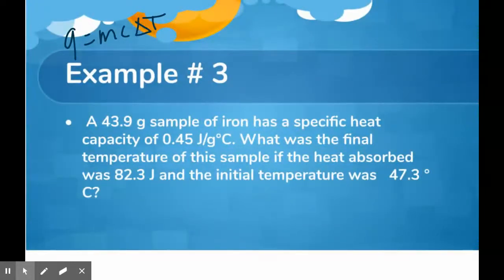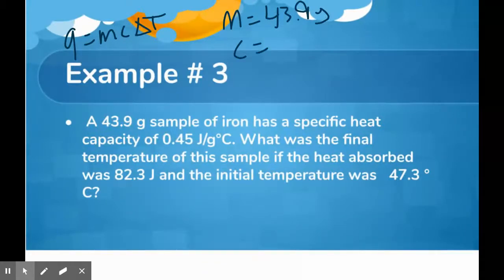Now, example number 3 says a 43.9 gram sample of iron has a specific heat capacity of 0.45 joules per gram degrees Celsius. What was the final temperature of this sample if the heat absorbed was 82.3 joules and the initial temperature was 47.3 degrees Celsius? So let's write our given information. All right, so our mass is 43.9 grams.